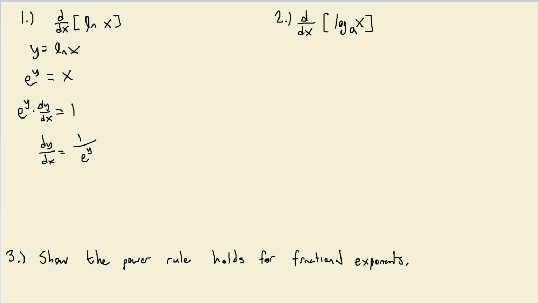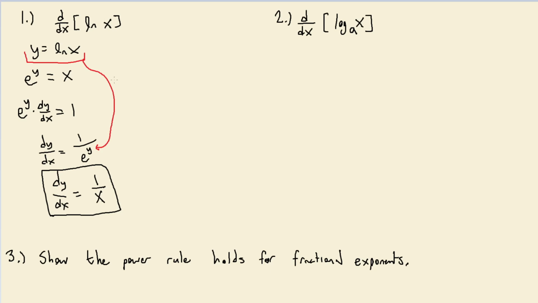And so we could take our value for y here, and just plug it in for what we have there. And what we'll get is that the derivative of y with respect to x of the natural log of x is equal to 1 over e to the power of natural log of x. That's just 1 over x. And so that's our derivative of the natural log function.